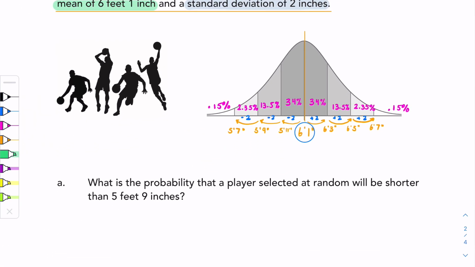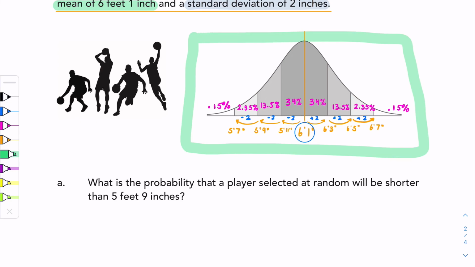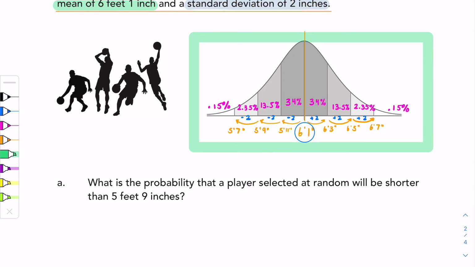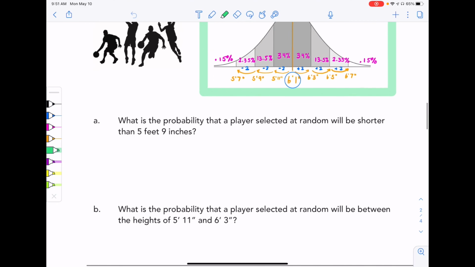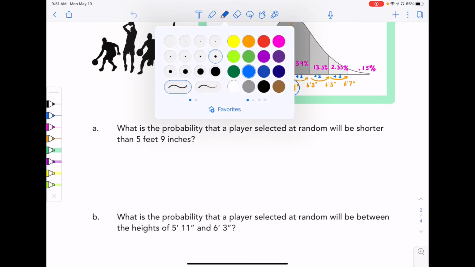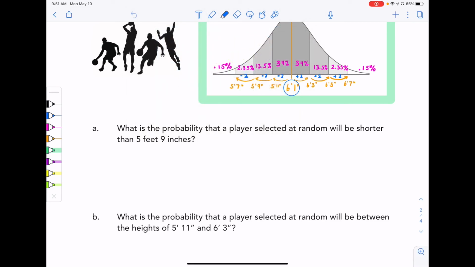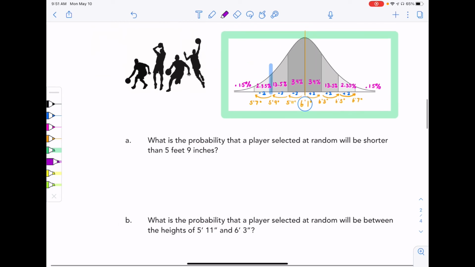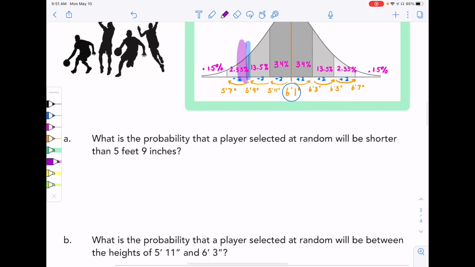Now we are going to use this normal curve to answer all of the questions. Part A says, what is the probability that a player selected at random will be shorter than 5 feet 9 inches? I'm going to use my highlighter to indicate where 5 feet 9 inches is, and that falls right here. That's 2 standard deviations out from the mean. We want to know the probability of being 5 foot 9 inches or shorter, so anything that falls on this side.